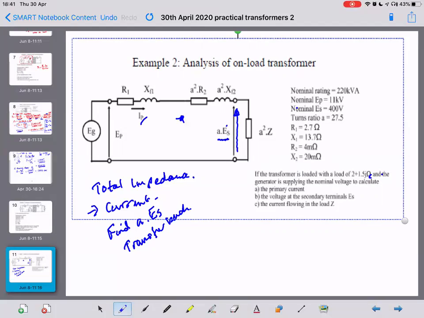That IP is also I2 over A. So find I2 over A, and convert that back. So have a go at that and see how you get on. Okie dokie.